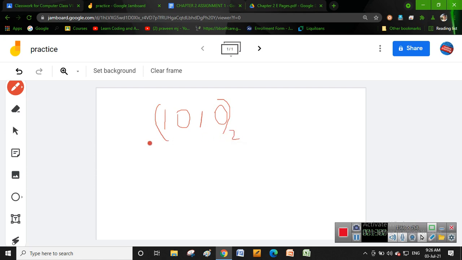This is a binary number. We have to convert it into a decimal number, that is, base 10. Now we are converting. First write the position values, 0, 1, 2, 3 from the right side.